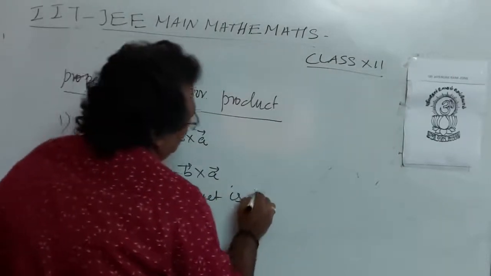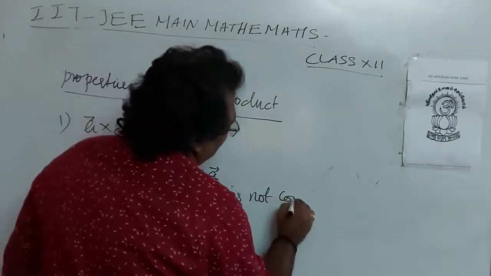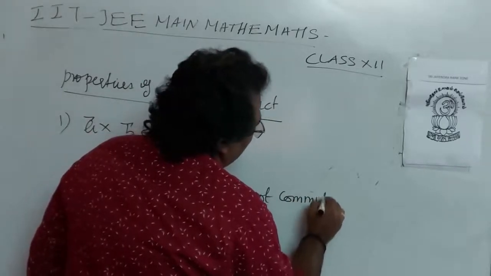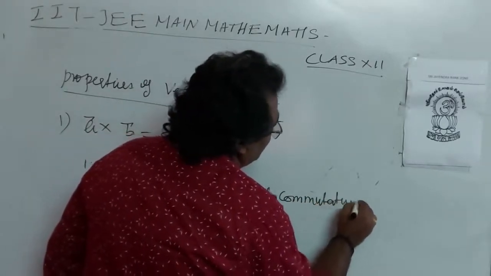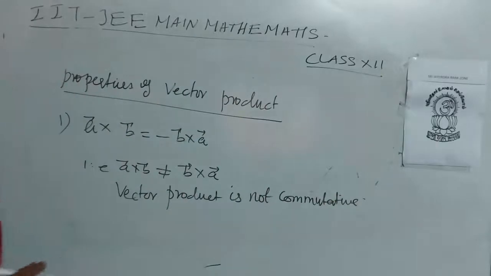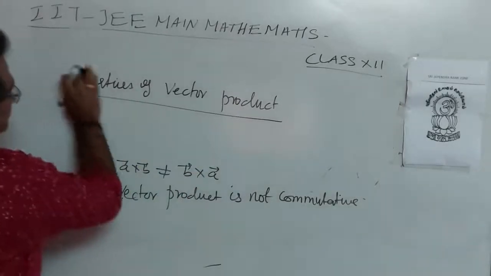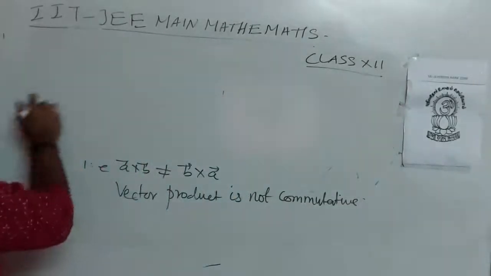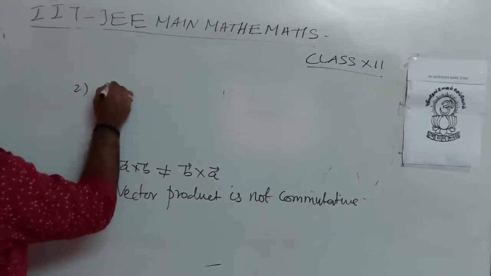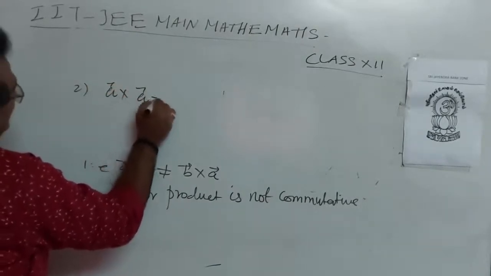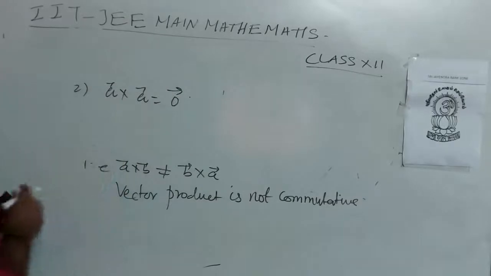Vector product is not commutative. A vector cross A vector equal to 0 vector.